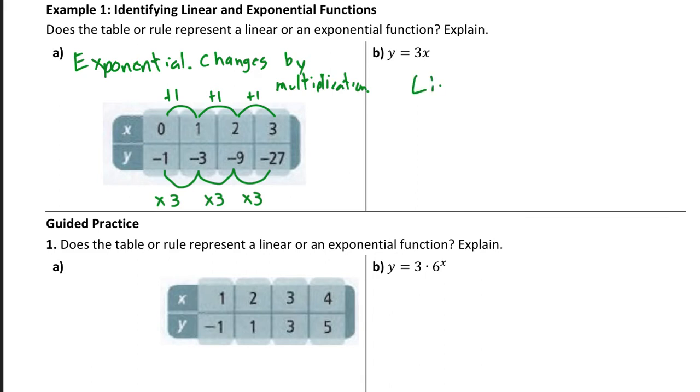This is a linear function. And the main reason this is a linear function is that x is not an exponent. That's really what you look for in an exponential function. Do you have a number being raised to the x power? Okay, 3 times x would be a linear function.